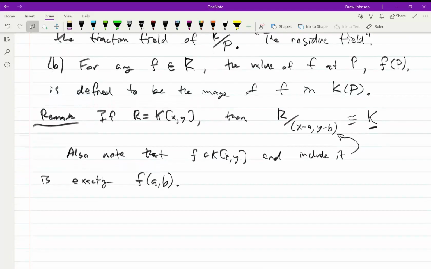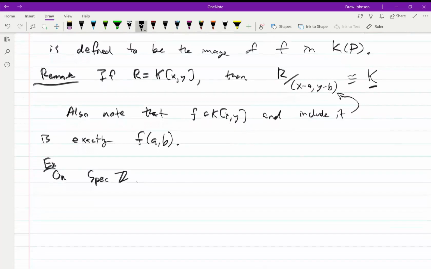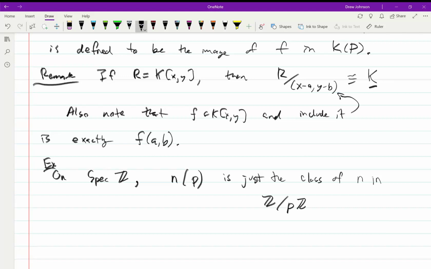So for example, on spec Z, any integer can be considered as a function. Let's say n evaluated at a prime ideal, that is, a prime number p, is just the class of the integer n in the field Z mod pZ.